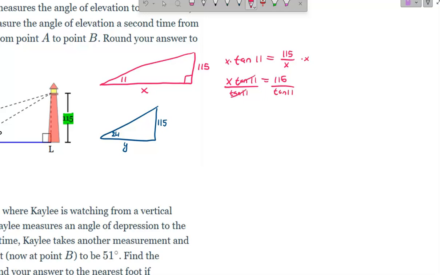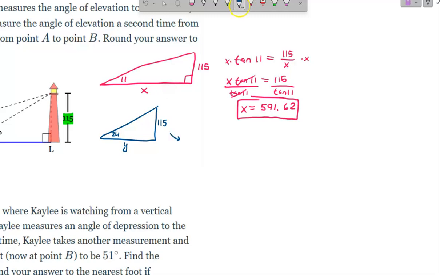We're going to divide both sides by tangent of 11, remembering that that's just a number, some decimal. In my calculator, in one operation, 115 divided by tangent 11, and we get an answer of about 591. They said round to the nearest foot, but let's go ahead and round to the nearest hundredth for right now. So I got 591.62. Again, we'll come back and interpret what that means in just a minute.